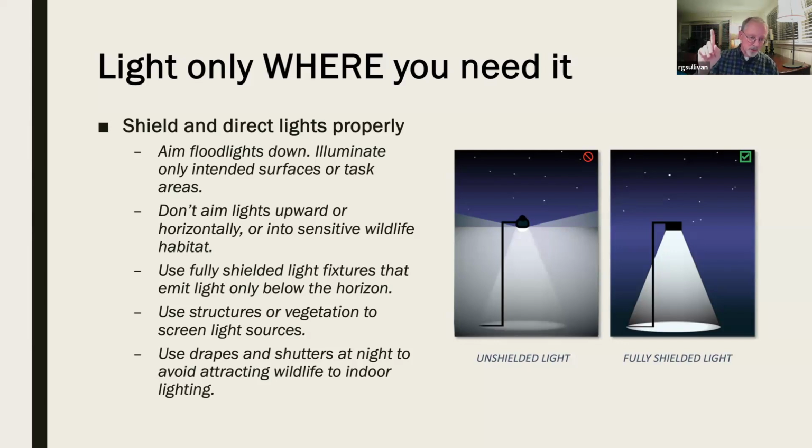You don't want it pointing up into the atmosphere, and you don't want to be pointing it into areas where you think there may be wildlife. Okay. You want to point light down, and you want to only have light pointing to where it serves some useful purpose.